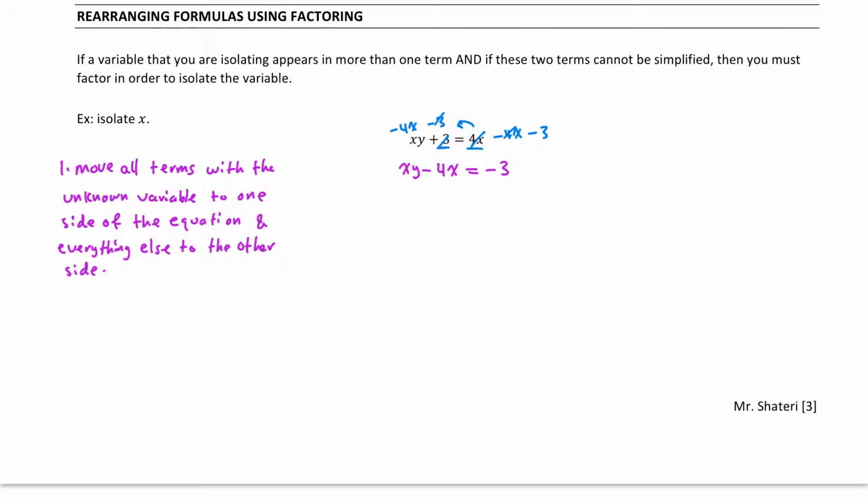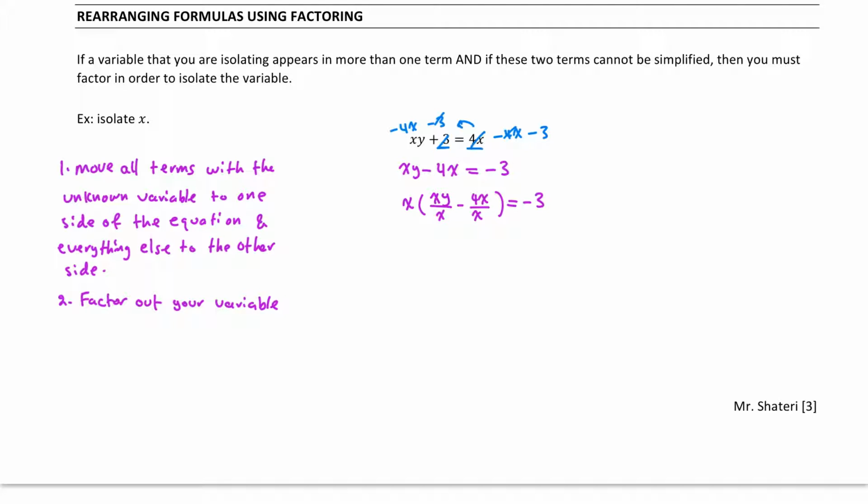So what I will do instead to isolate for x is I will factor out just the variable that I'm looking for. So here, second step is to factor out your variable. If I factor out an x, that means I have to divide xy by whatever I'm factoring here, which is x, and I have to do 4x divided by x as well, and that is equal to -3.